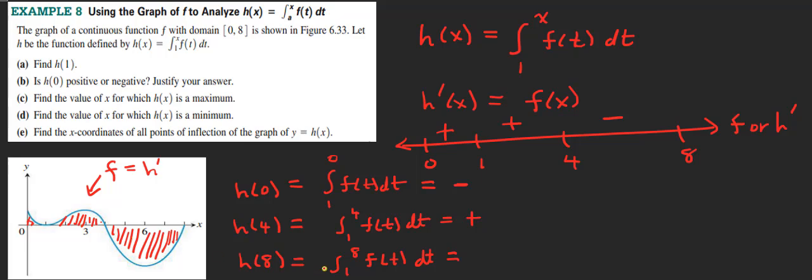Therefore, the integral will end up being negative. Now, which one has the highest y value? Well, we only have one positive. Therefore, the maximum will occur when x, notice, we're looking for the value of x, so the maximum occurs when x equals 4.